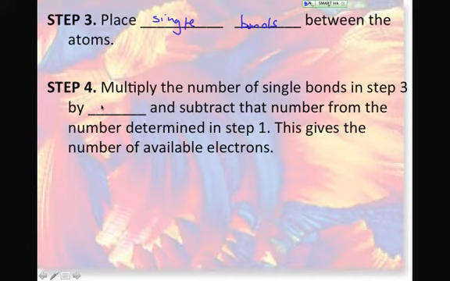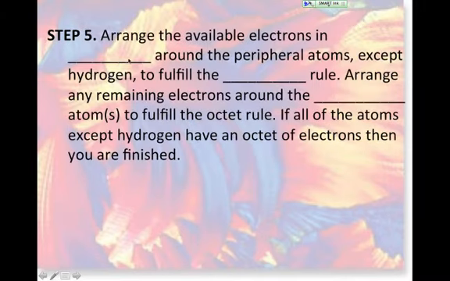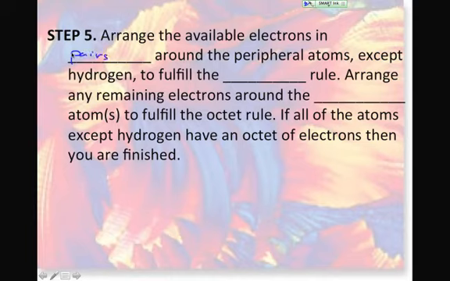We multiply the number of single bonds in step 3 by 2 because each bond has 2 electrons, right? And subtract that number from the number of valence electrons that we determined in step 1. This gives us the number of available electrons to put in all the other places. Then arrange the available electrons in pairs around the peripheral atoms.